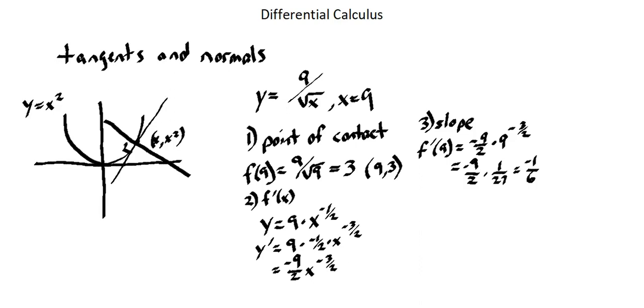So the slope of our tangent line is negative 1/6, and one of the points on the tangent line is 9, 3. Now we can visualize that slope and compare it to a graph. I'll add in the graph of y equals 9 divided by the square root of x, which is a downward sloping curve in the first quadrant. We're looking at an x value of 9, and of course this is a sketch, so it's an estimate.